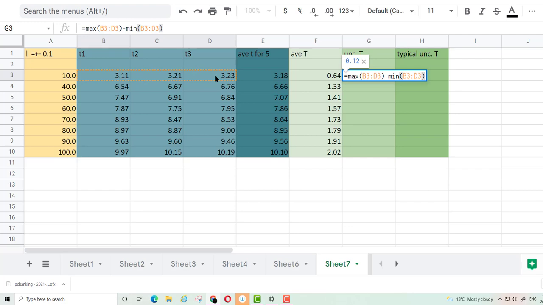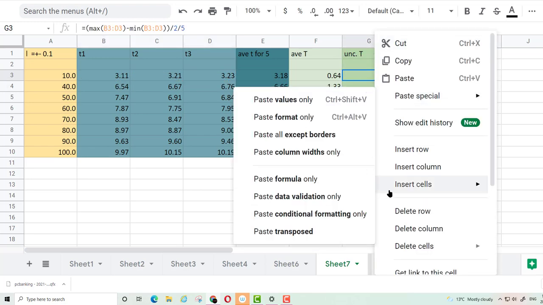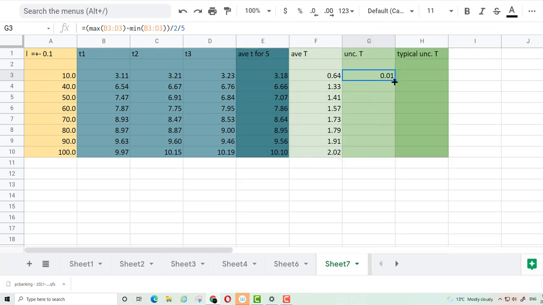I'm going to put brackets around that whole quantity, which would be the range. Then I've got to divide the range by 2, max minus min over 2, but I've also got to divide by 5 because that time is for 5 periods. Press enter and I get that number. Let's pull those down and I get these numbers.